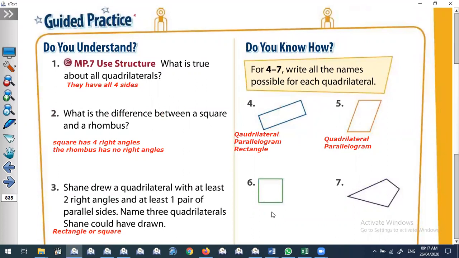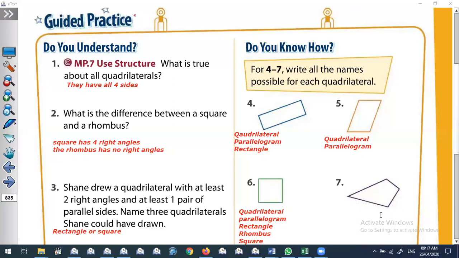Here, the square is quadrilateral. Number 2, parallelogram. Number 3, rectangle. Number 4, rhombus. The last name is square.